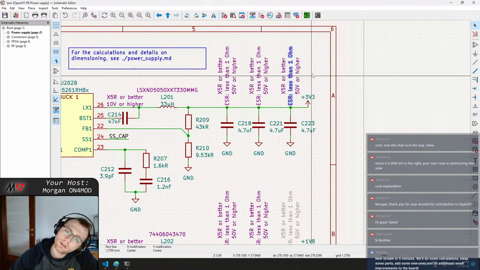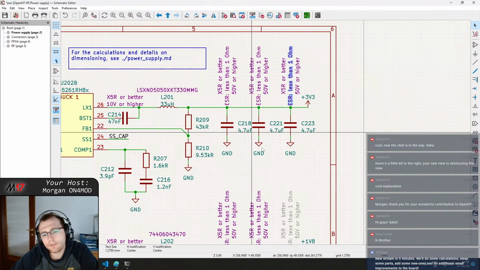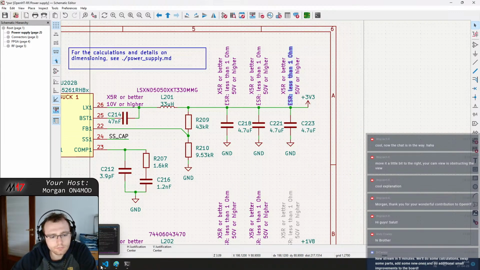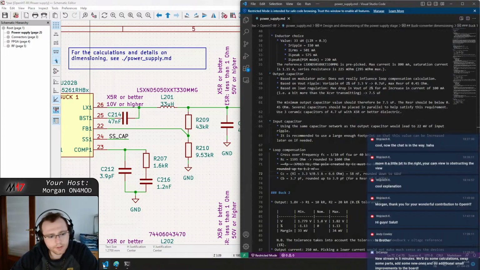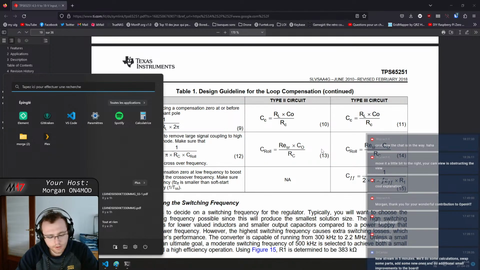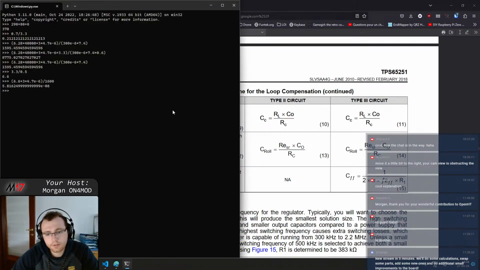So yeah, we have the text that I added here, which is less than 1 ohm ESR. Because we have an ESR of maximum 0.3 ohms at the output given the design constraints, we are gonna be lower than that anyway. So 3.3 milliohms, what does the datasheet give for the C if we have 3.3 milliohms? I guess it's gonna be a ridiculously low value. So it is 3.3 milliohms times C output.